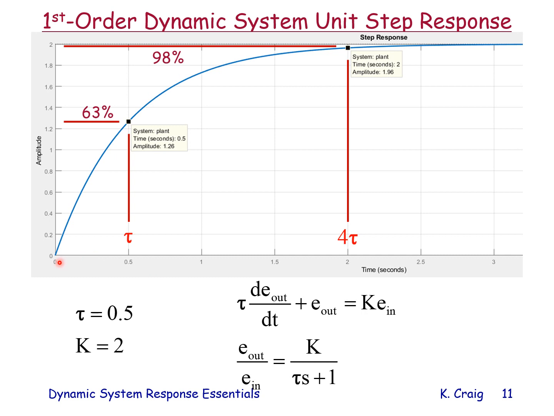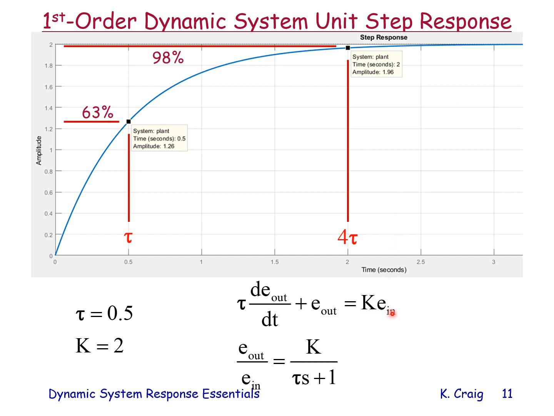So I see the response in blue to a unit step at time t equals 0. The output responds along this blue line. And I see that at tau seconds, in this case 0.5 seconds, the system is 63% of the way to the final value, which is 2.